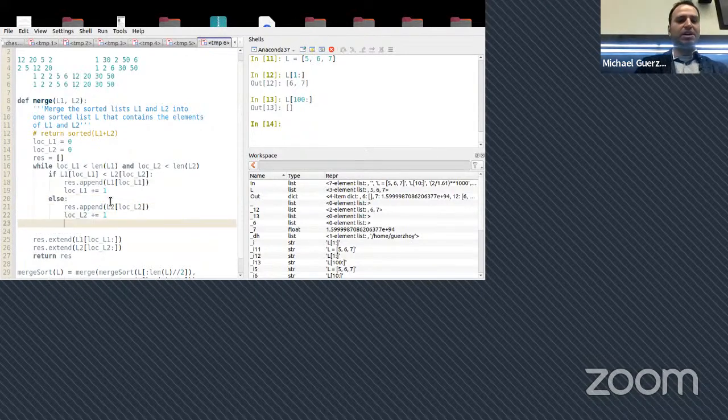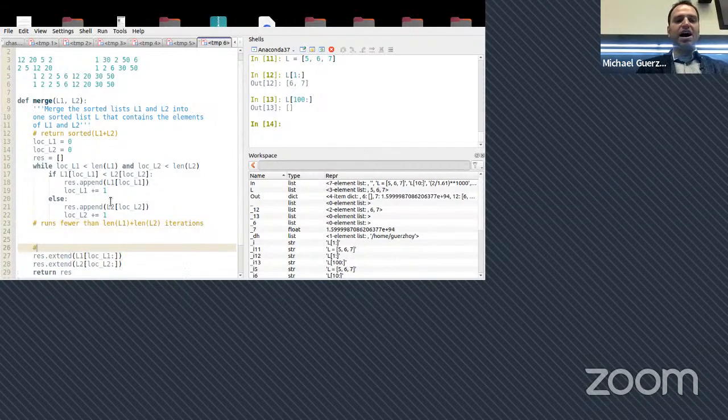But we can round up and say it runs fewer than that, and then this creates a list of length less than length of L1 plus length of L2.